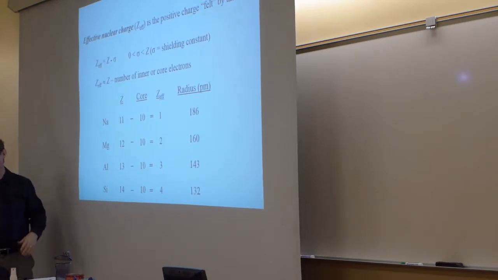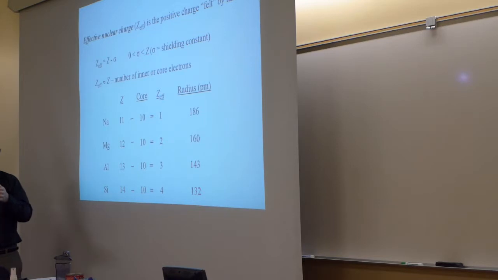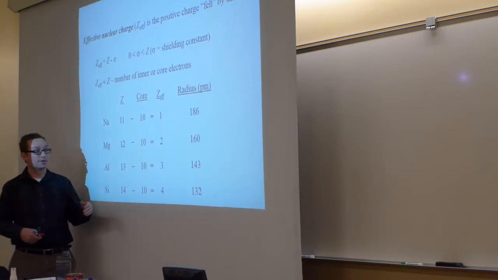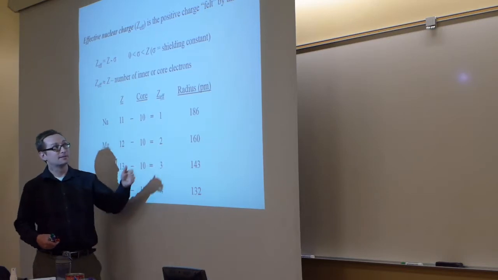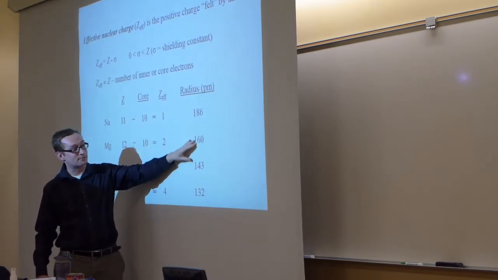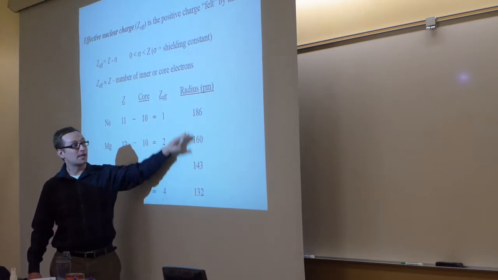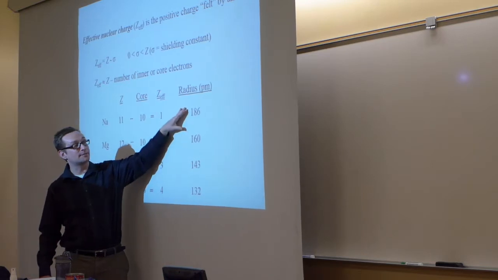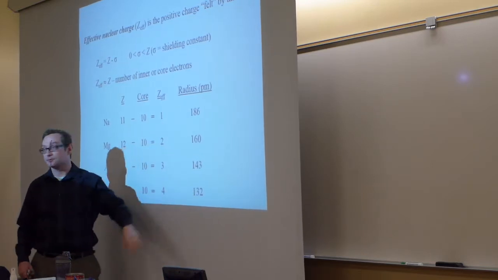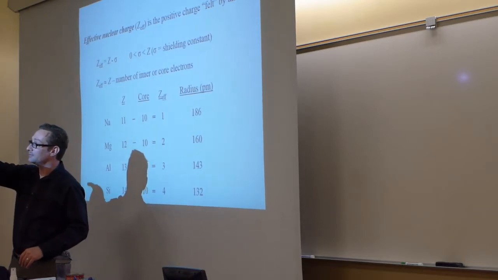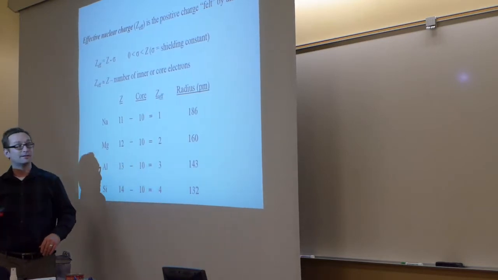For a given shell, going from sodium to magnesium to aluminum to silicon, you're still in an n=3 shell, but the nuclear charge is increasing. So if you look at the radius, the radius goes from 186 down to 132. Why is this happening? Why are the elements getting smaller as we go to the right in a row in the periodic table? Sodium, magnesium, aluminum, silicon.